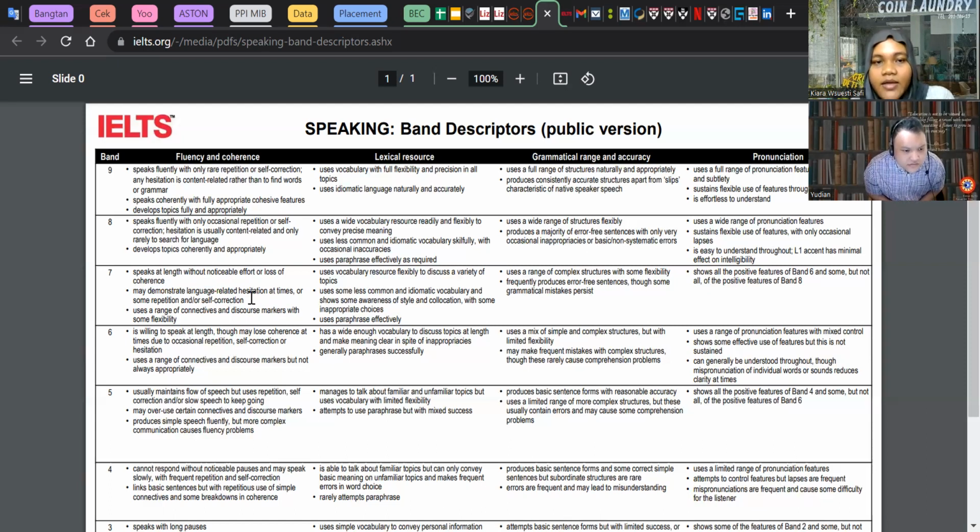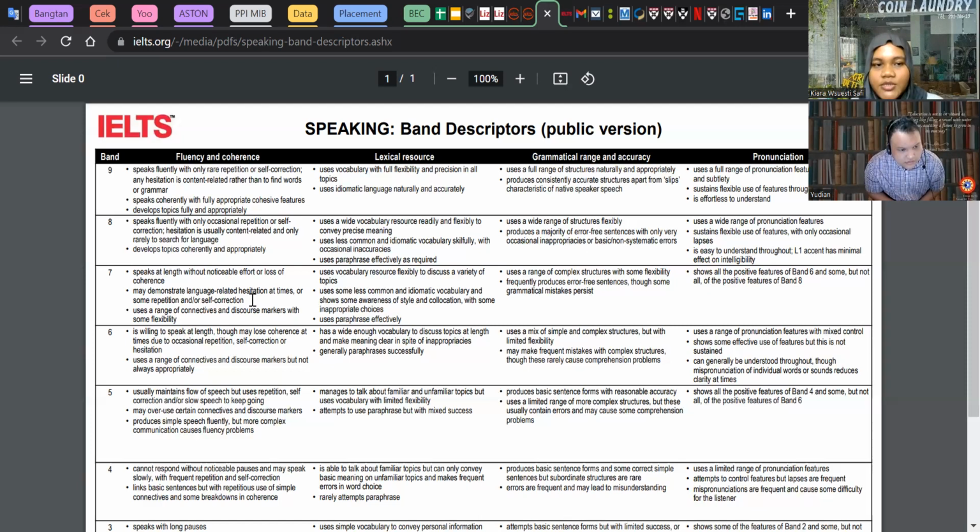This means it is natural to have some gaps, some stuttering or repetition during your speaking, as well as language-related hesitation. But it doesn't mean that you can take that much time to hesitate or self-correct, if that makes sense.